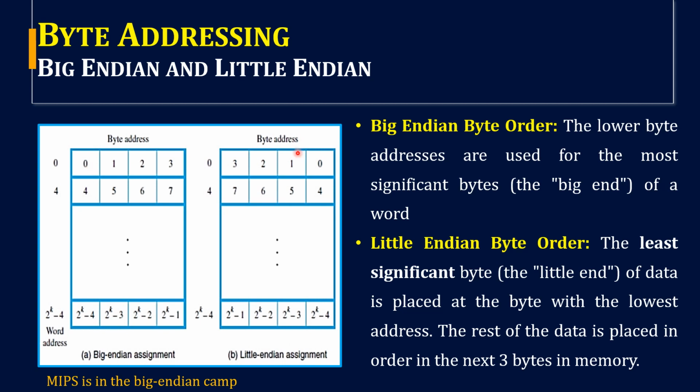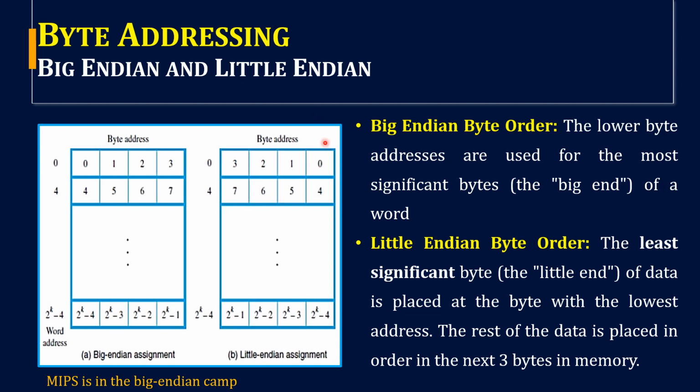Whereas if the least significant byte of the data is placed at the lowest address, then it is called little endian byte order. That is, the least significant byte will have the lowest address.